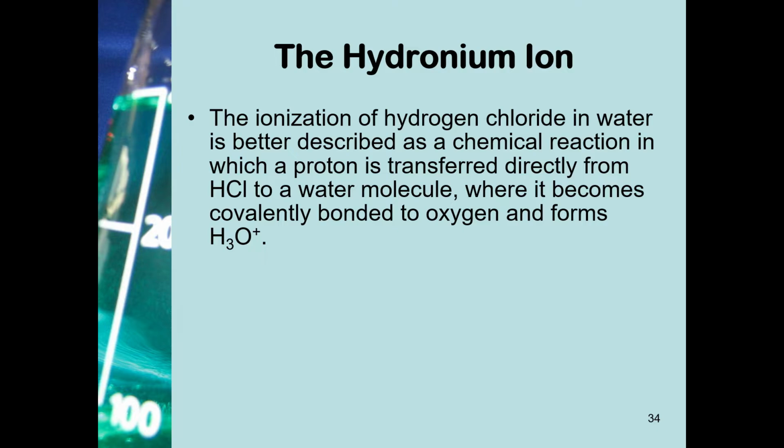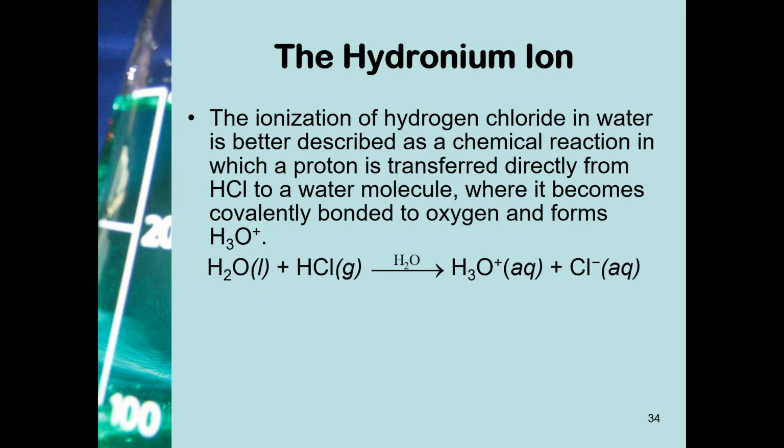That hydrogen ion is a hydrogen atom without its electrons. And if you remember that a hydrogen atom is composed just of a proton and an electron cloud, so if we remove the electron cloud, all that's left is a proton. This is a naked proton, so that H+ is actually just a proton. And it is strongly attracted to a water molecule where it's going to be covalently bonded to the oxygen end, which is the negative end of the water molecule. And so we'll end up having three hydrogens around the oxygen, and so we write it as H3O+, the hydronium ion.